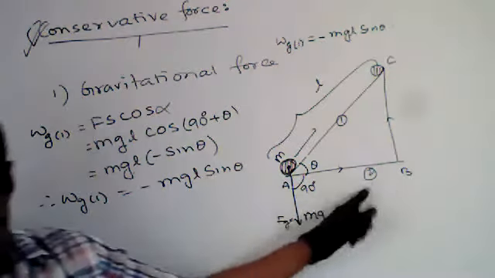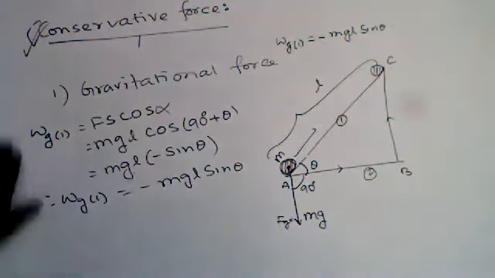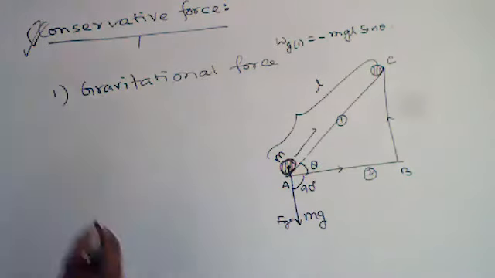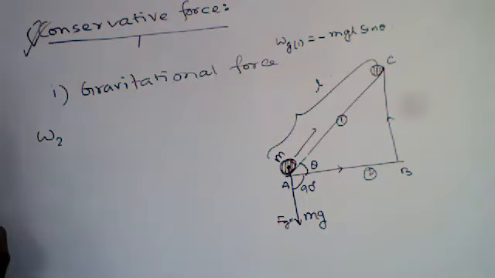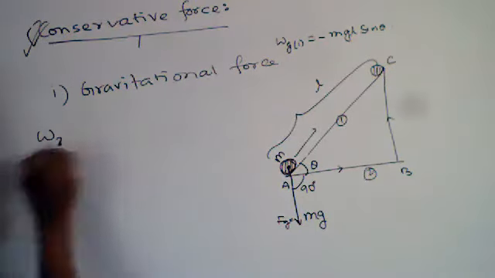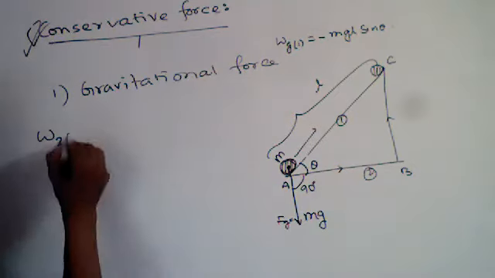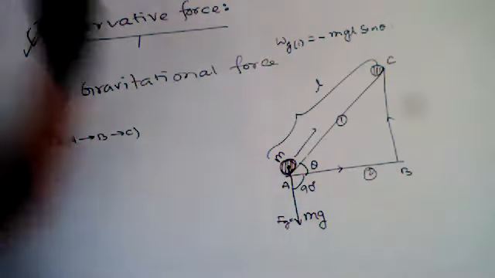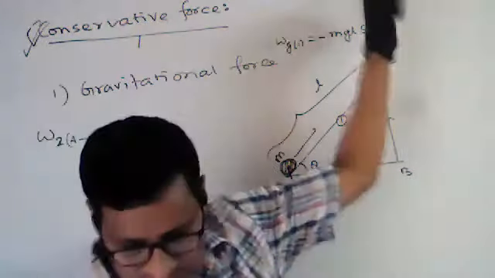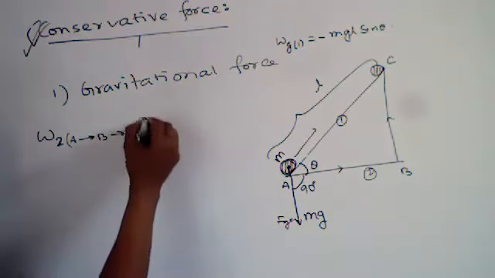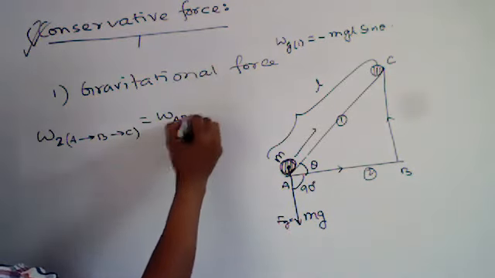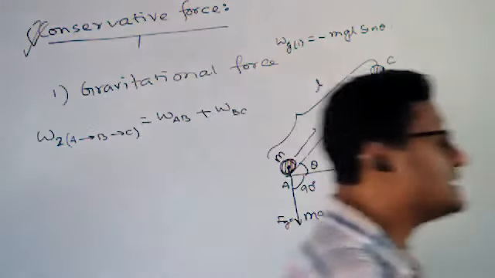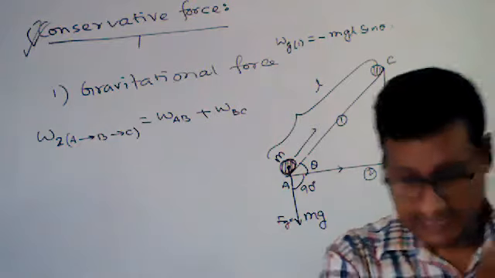For the second path, the work done by gravitational force on the second path, it goes A to B and B to C. At first it goes A to B, then B to C. Work done on path AB plus work done on path BC, because work is a scalar quantity.